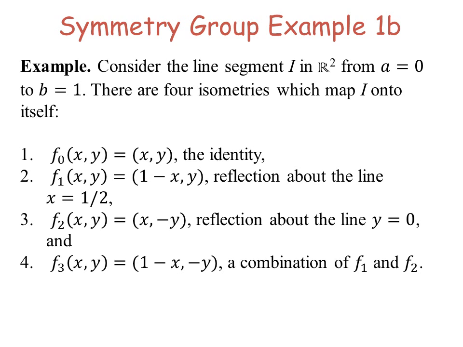We now consider the same line segment I, but as a subset of R2 instead of R1. This changes the symmetry group of I. It now has 4 elements.